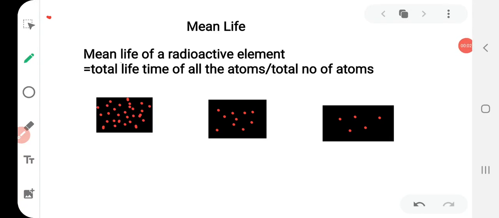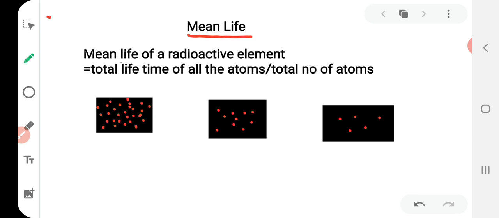Hello everyone. Today we will study another important parameter in radioactivity, that is mean life or average life. In the radioactive decay law we have studied that the number of atoms in a radioactive sample disintegrates exponentially with time. But actually we don't know which atom disintegrates first, which atom disintegrates second, and so on.